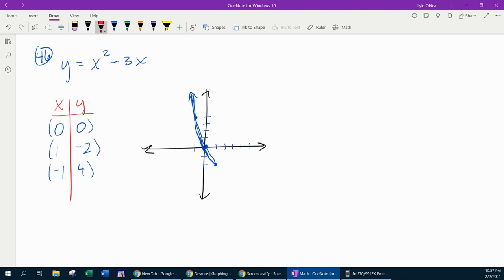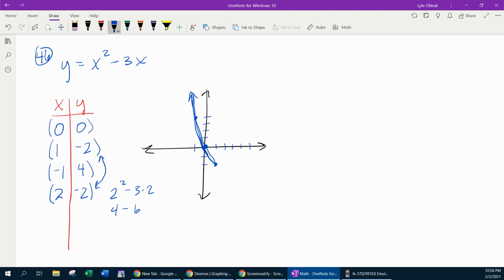And don't go crazy, okay? Don't pick like 5 or 6 of them. Just maybe do them one at a time. Like positive 2 would be a good choice. And let's plug in and see what we get. 2 squared minus 3 times 2. 2 squared is 4. 3 times 2 is 6. 4 minus 6 is negative 2. Oh, and do you see what I was talking about right here?